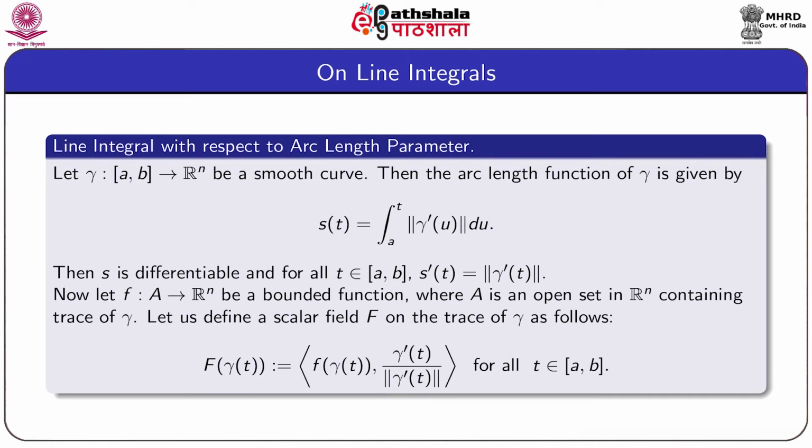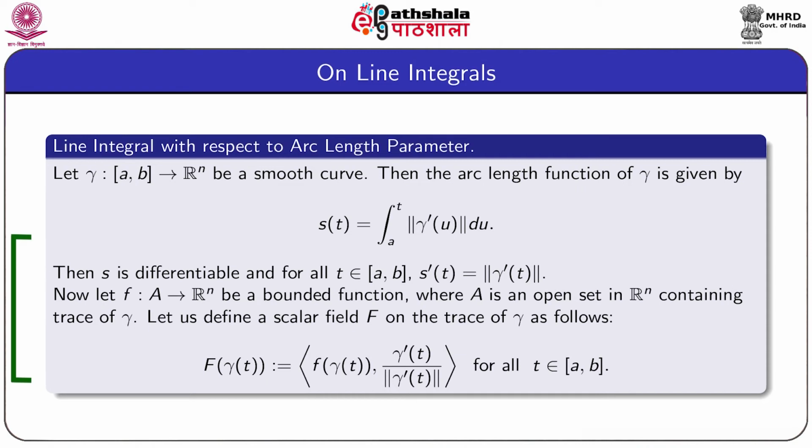Now line integral with respect to arc length parameter. Let gamma from [a,b] to Rn be a smooth curve. Then the arc length of gamma is given by s(t) equals integral a to t norm of gamma dash(u) du. We know s is differentiable and for every t, s dash(t) is nothing but norm of gamma dash(t).